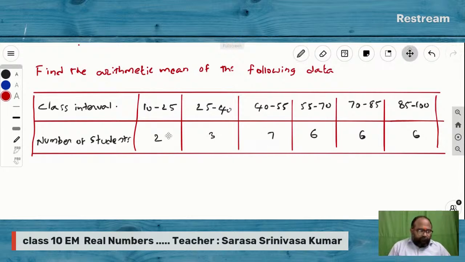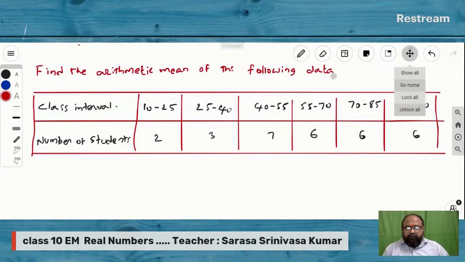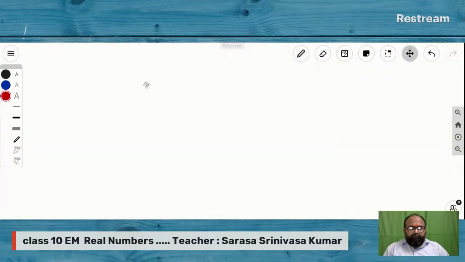Right. So to prepare the arithmetic mean of this data, we prepare a table.